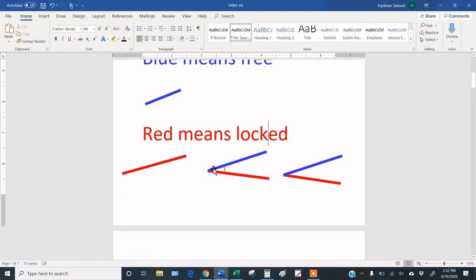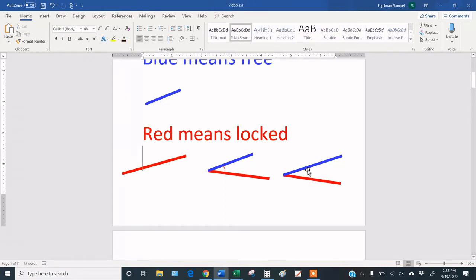So in other words, this line over here is drawn in blue, so I can still make it longer or shorter if I wanted to. However, I am not allowed to change the rotation like this because that would be changing the angle between them. And that angle is supposed to be locked, so I would have to keep it here. I'm not allowed to change it.